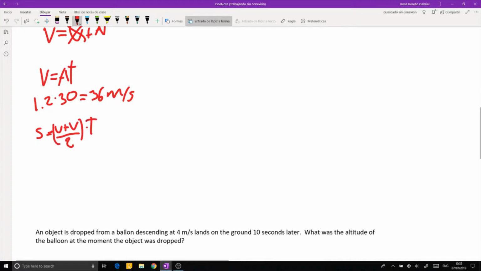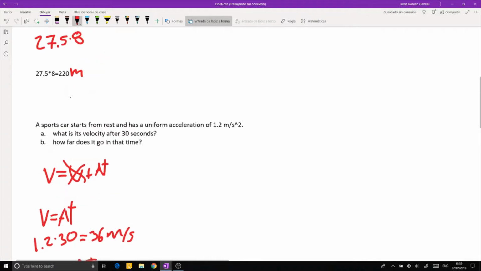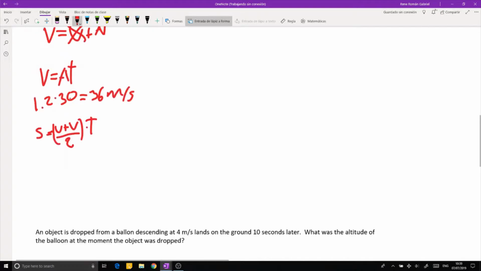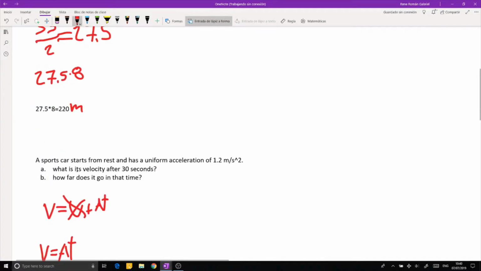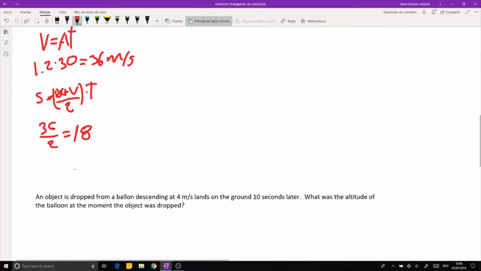So now, since this starts from rest, we can eliminate U. So V, we said it's 36, divided by 2, 36 divided by 2 equals 18. And they say 18 times 30 seconds.